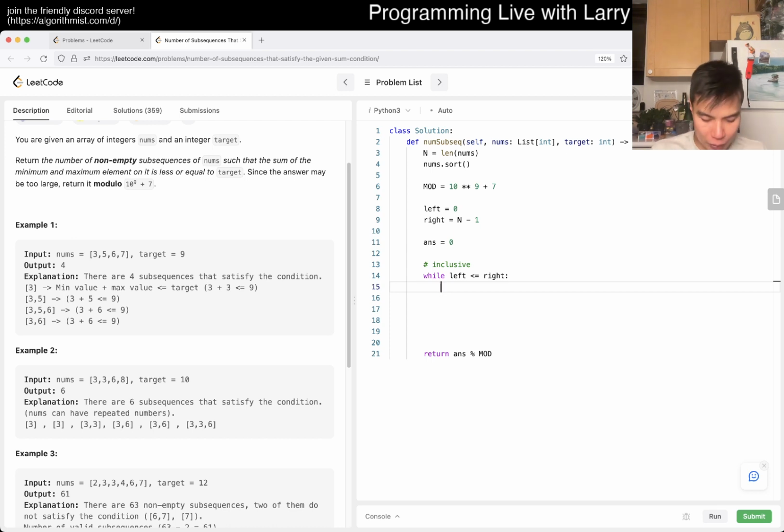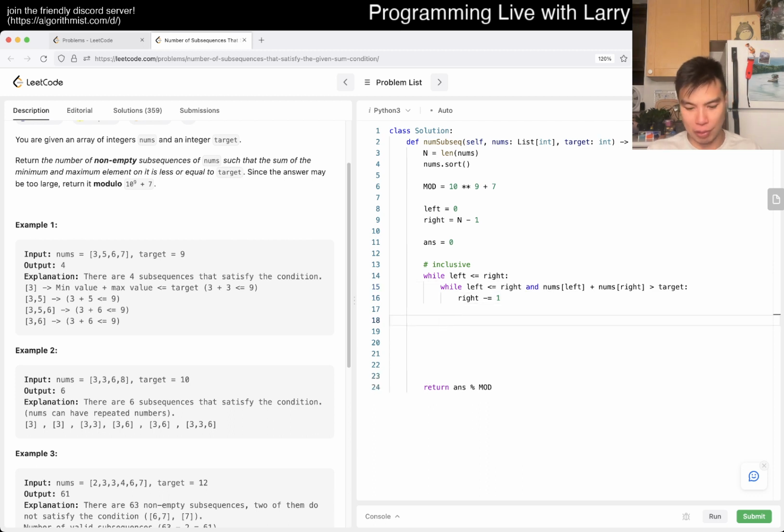But basically, if nums of left plus nums of right is greater than target, we want right to decrement, and in this case we also want to make sure that left is less than or equal to right. So if left is greater than right, then we break.